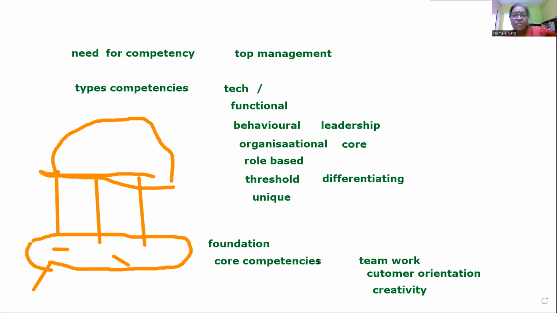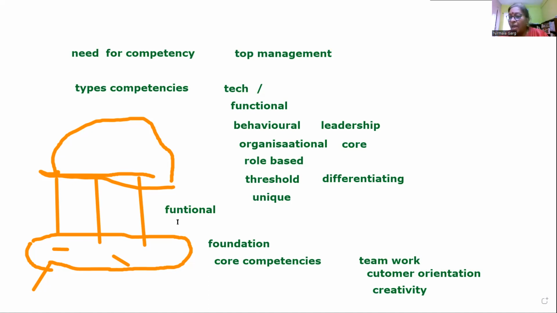Got it? Next, I'm talking about functional competencies or technical competencies or vertical competencies, or job family competencies. They are called vertical. So based on their function, job family, etc., that entire family should be having those competencies. For example, HR is a job family, so it will have its own competencies. Finance will have its own competencies.